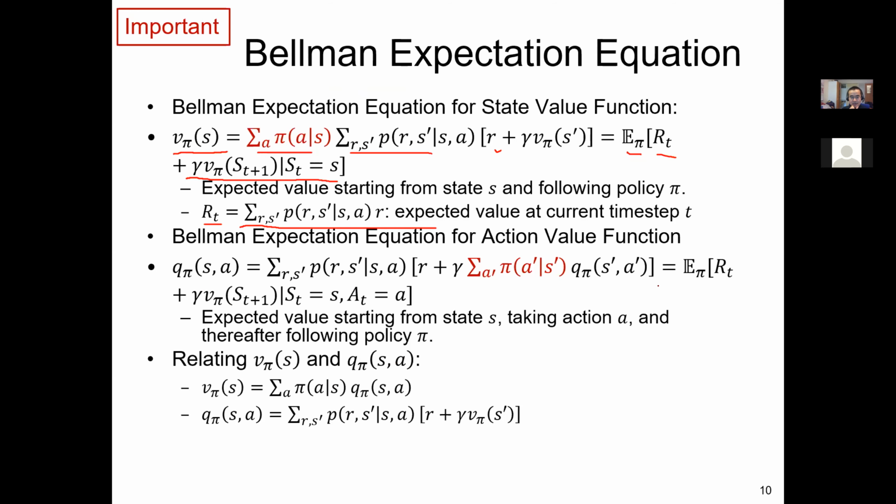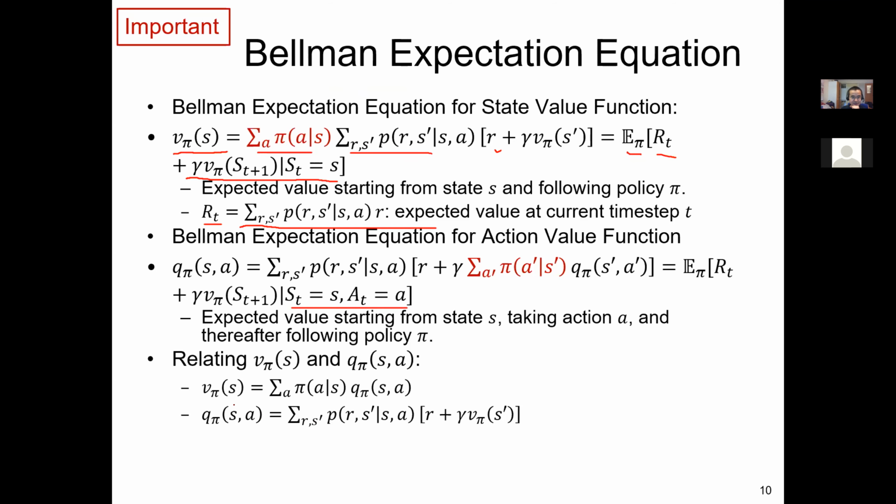So it's equal to the expectation over the policy of the current reward R_t plus gamma times v pi (s_{t+1}), except the conditional probability has, on the condition part, s_t equals small s and a_t equals small a. That is, at the current time step, you take an action that's specified. And then in the future, you follow the policy.